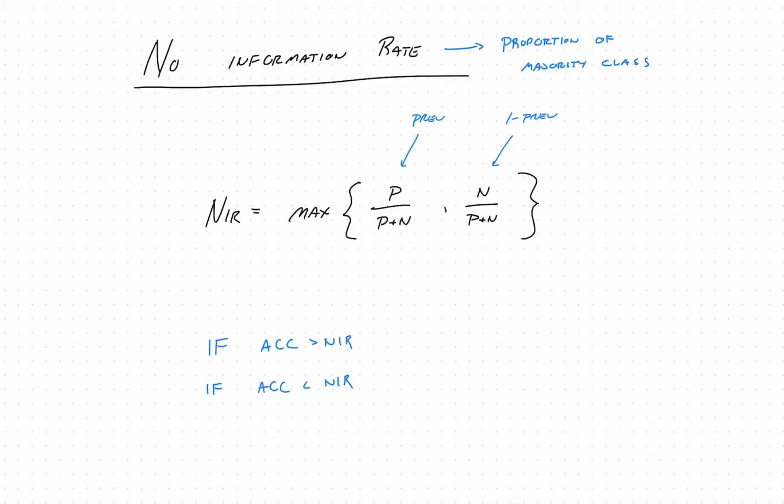This is important because if your accuracy is above your no information rate, that's what I'll call a reasonable classifier. But if your accuracy is less than the no information rate, that's no good. That's not a good classifier, because essentially that's saying that if instead of using the classifier you just developed, I just always predicted the majority class, I would be doing better.